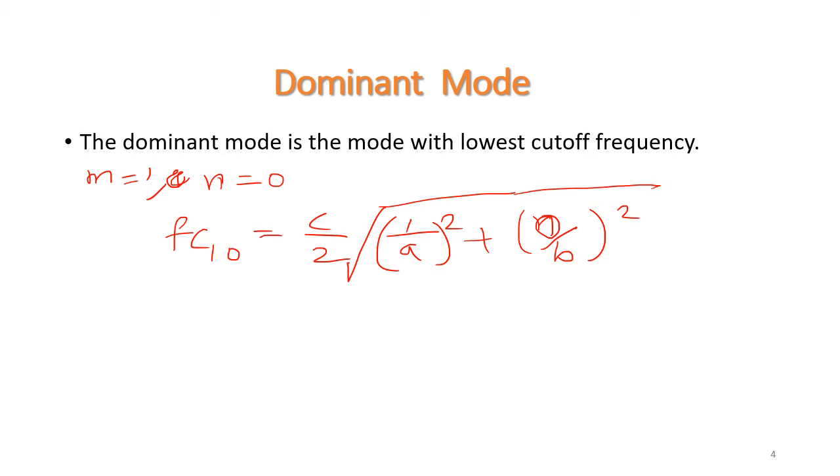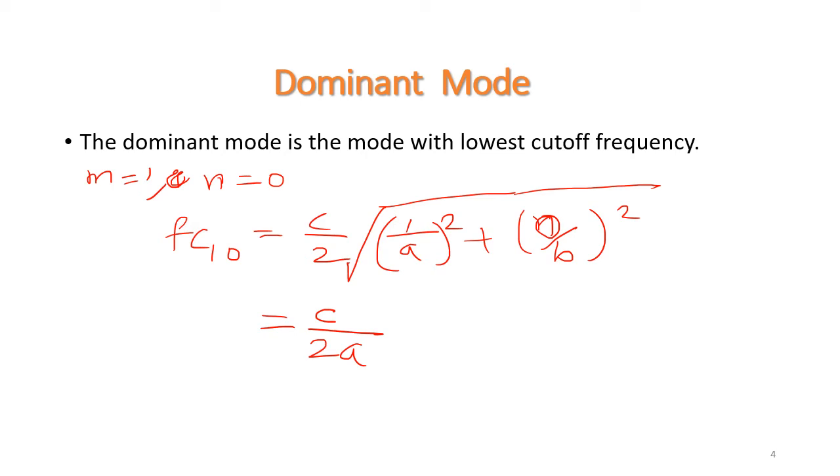Now this second term is equal to 0, so fc10 is equal to, since the term is under a square root and inside the square root there is a square, it will come out of the square root as c by 2a. So fc10 is equal to c by 2a.